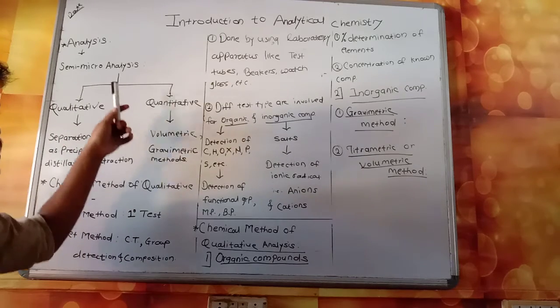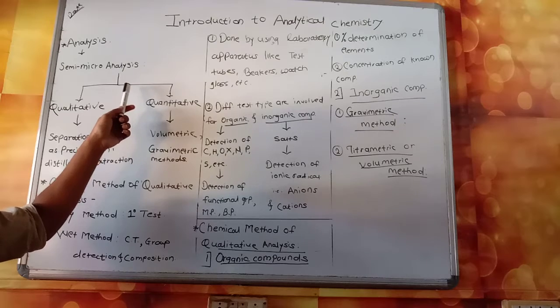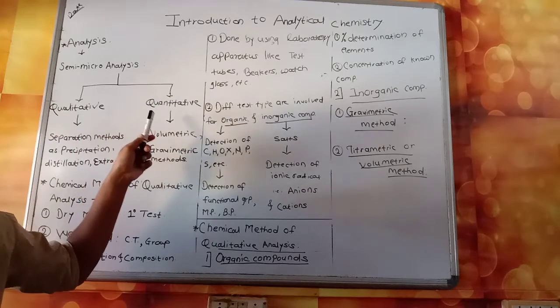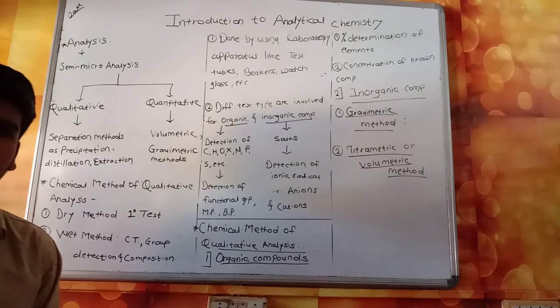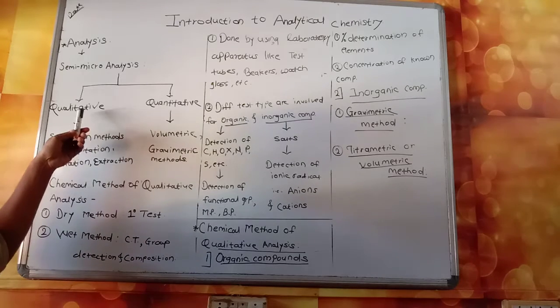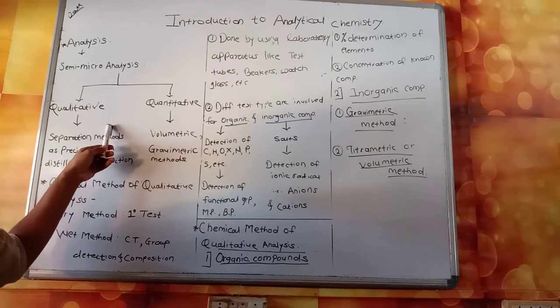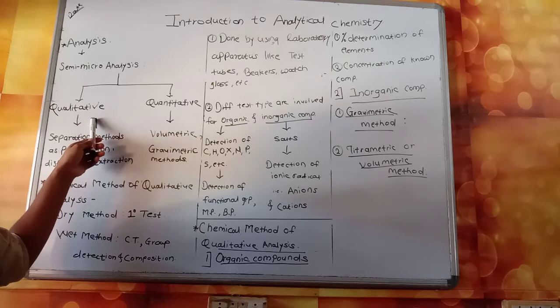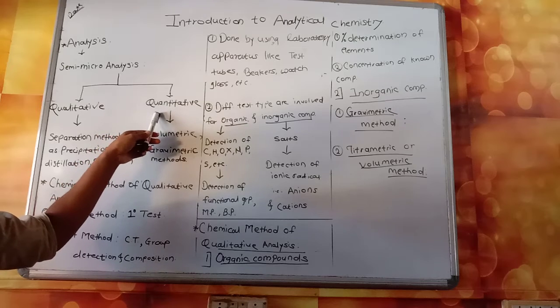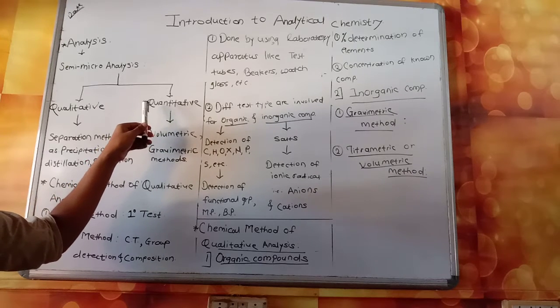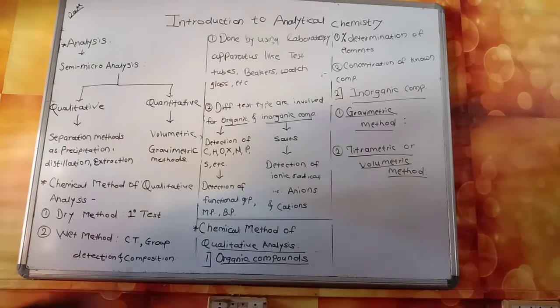Now semi-micro analysis is divided under two heads, that is qualitative analysis and quantitative analysis. Their meaning is given itself in their name. Qualitative analysis means determination of the quality of the compound or the sample under testing, and quantitative analysis means determination of the amount or the quantity of the sample or the elements in the sample under testing of a compound.